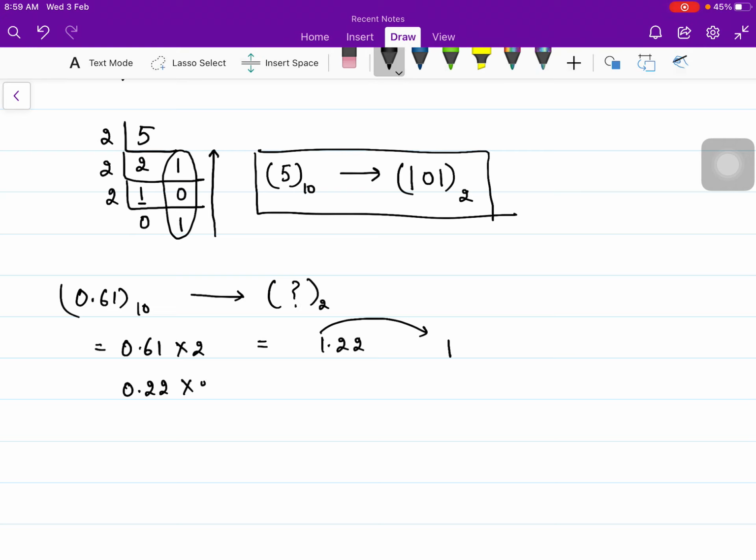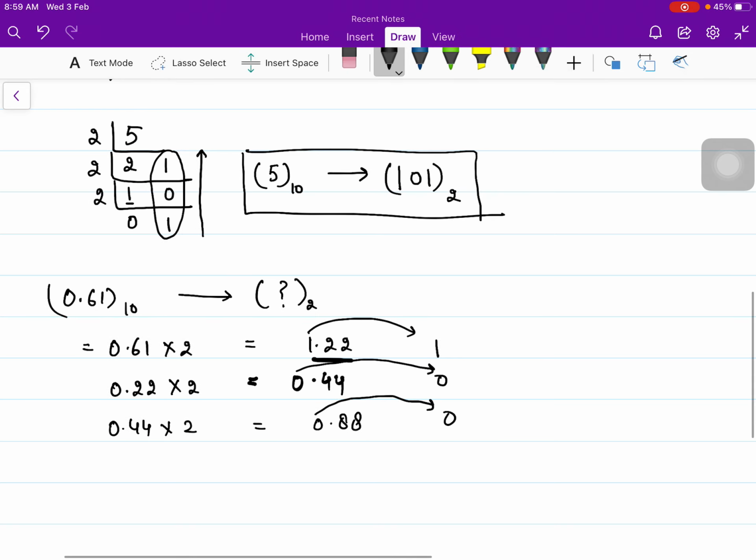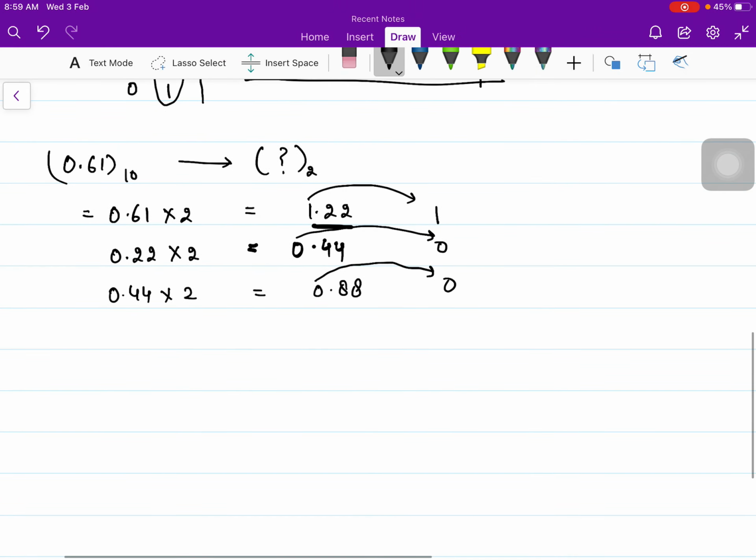So 0.22 times 2 gives 0.44, record 0 from here. Now again 0.44 times 2 is 0.88, again record the 0 here. Similarly, 0.88 times 2 will be 1.76, record this 1 here.